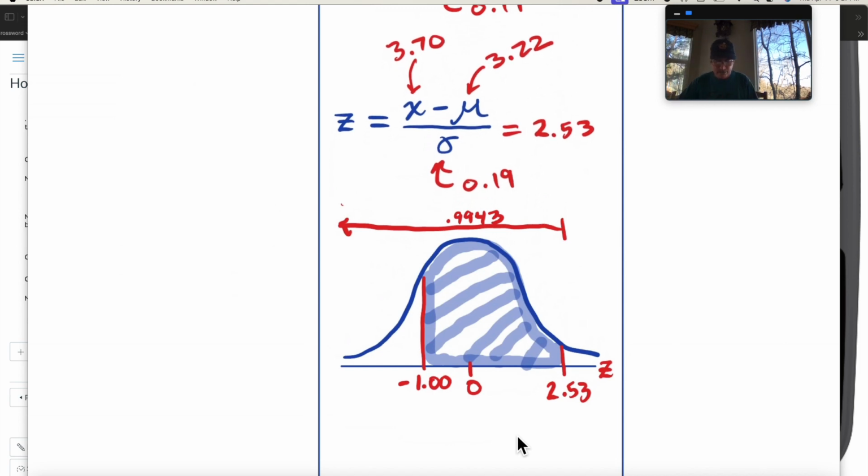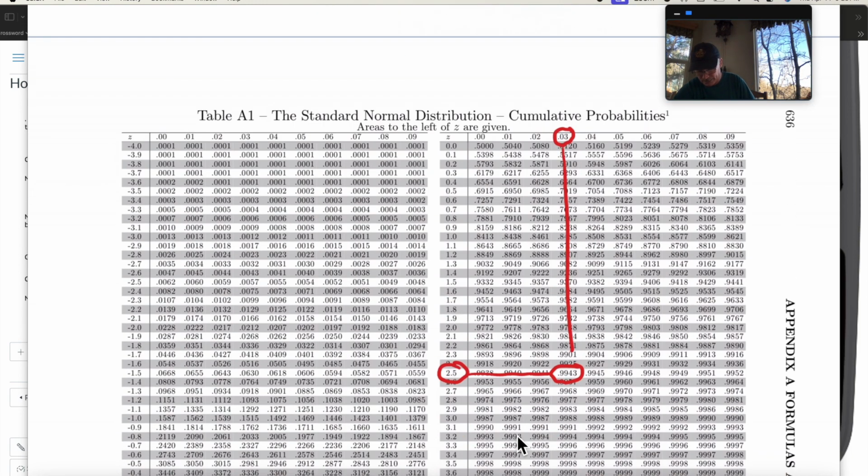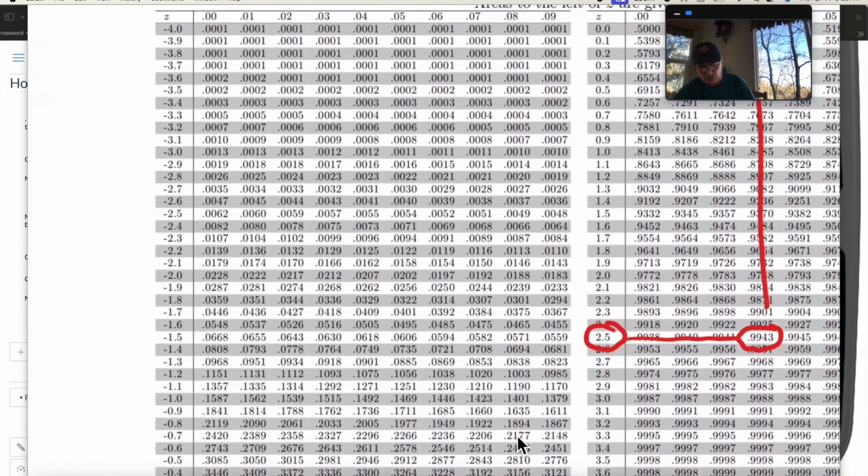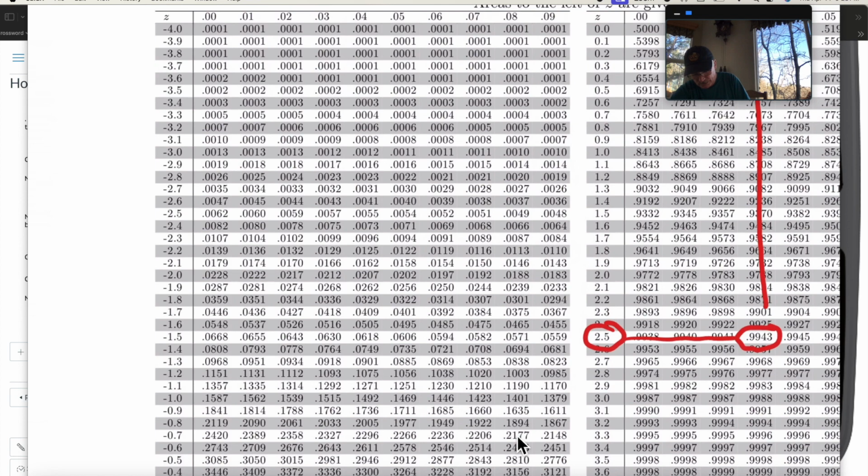Okay, and then the area to the left of -1 I need to subtract out. So let's go ahead and look that up. -1.00, that'll be on the negative side. Okay, so I guess I don't have to go all the way out there. So here's negative 1.0 and then plus the 0.00 here.